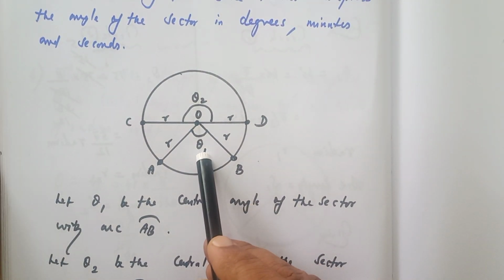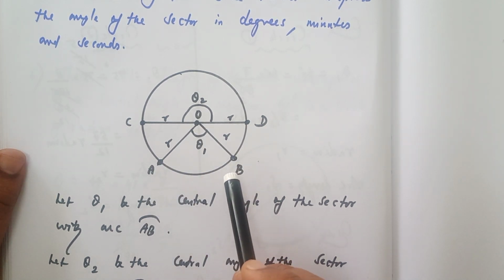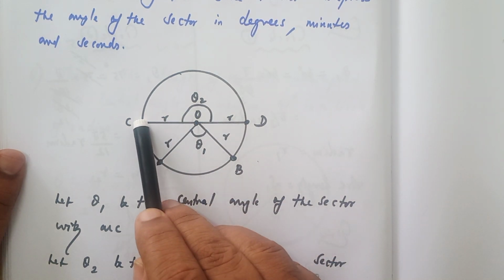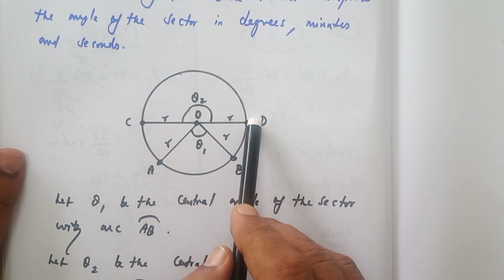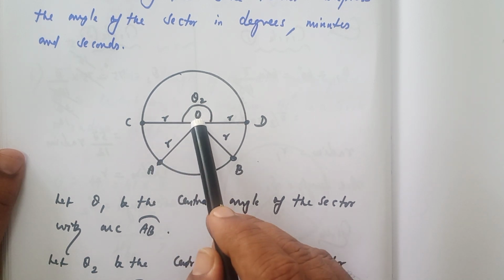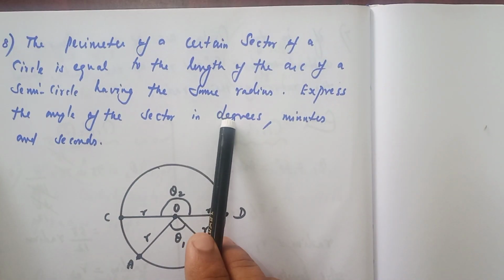Theta 1 is the central angle of this sector OAB. This is the minor arc of the sector, and this portion is a semicircle. Both have the same radius, so OA is R, and OC is R. Same radius, that is given in the question itself.